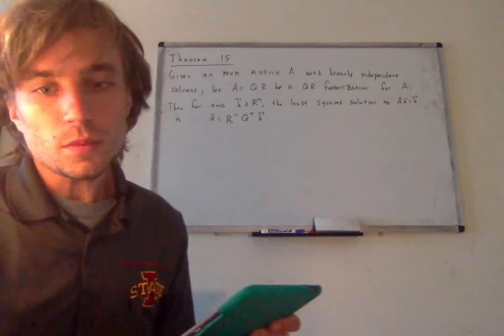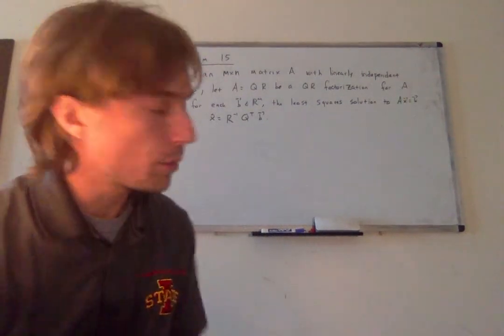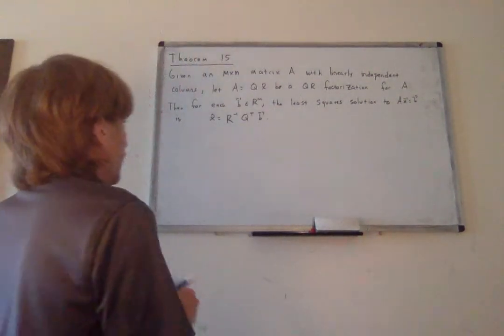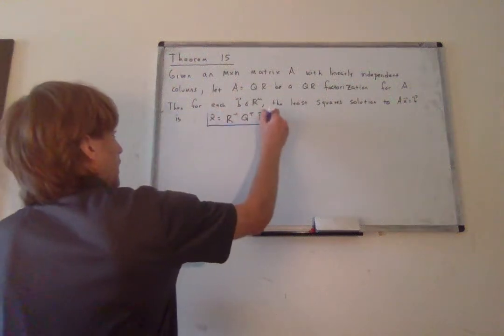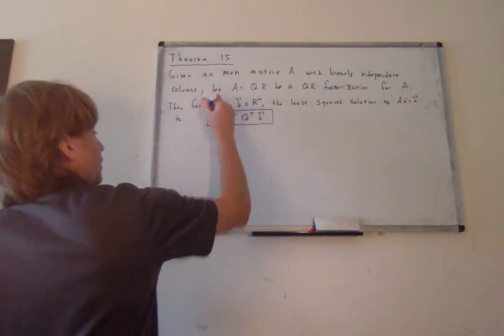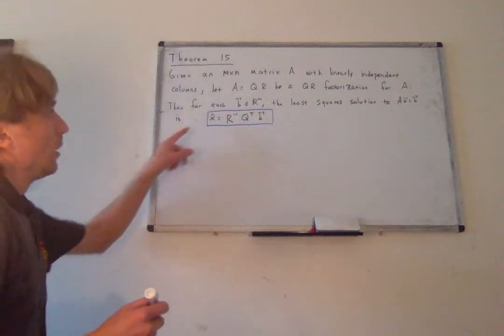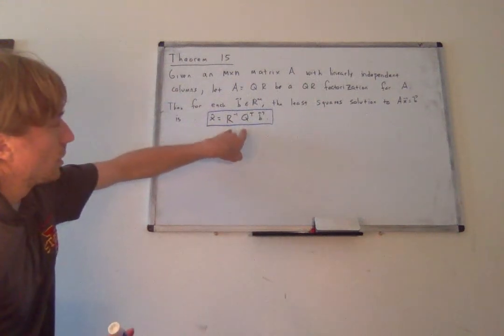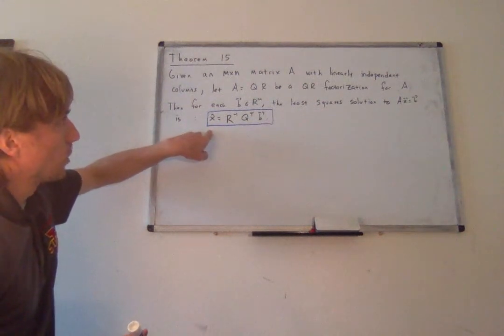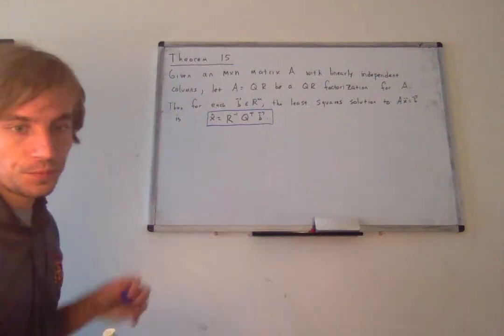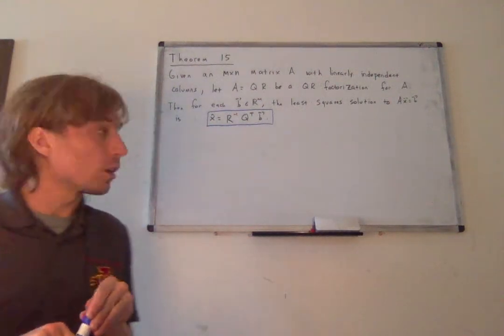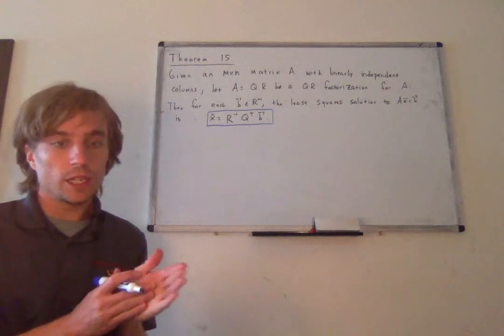So if we have a QR factorization of a matrix, then we can find the least squares solution like so. Basically, this is just rewriting our QR factorization, rearranging it.